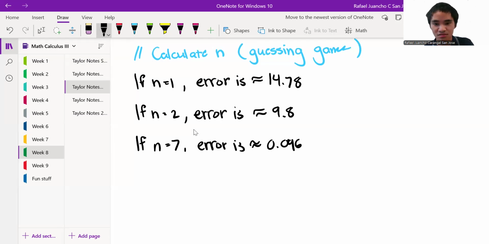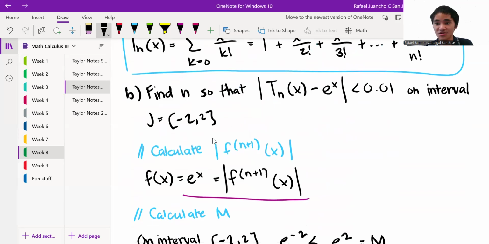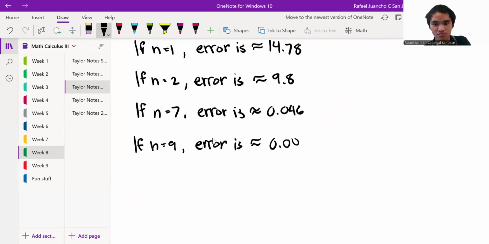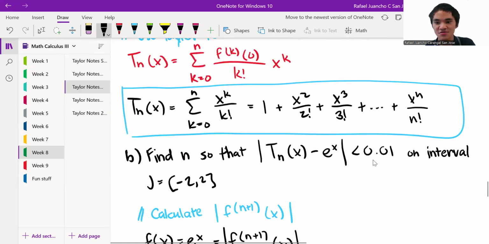Is this less than? Oh, shoot. That's 0.01. So we can't use that. Keep going. What if n is 9? This is just me picking out numbers. Yay! Got it. 0.002, which is definitely less than 0.01.